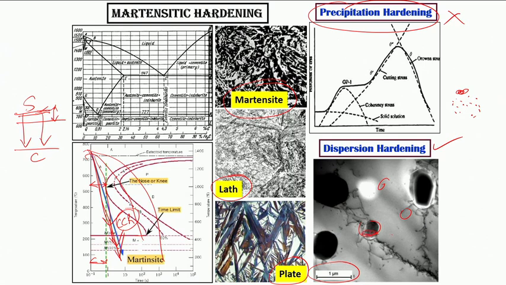So these kinds of dispersoids, or so-called incoherent precipitates, will offer Orowan strengthening, and that's why we call it dispersion hardening. So this side on the right is for nitriding, and this column is all for carburizing.